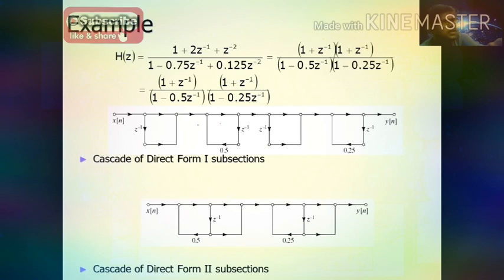Then only your diagram will look good. So I split up like this. So this is the second order delay element. Now when I simplify this expression, z power minus 2 plus 2 z inverse plus 1, when I expand and simplify this, I can get 1 plus z inverse into 1 plus z inverse.